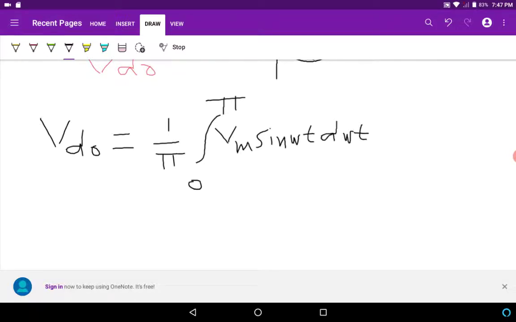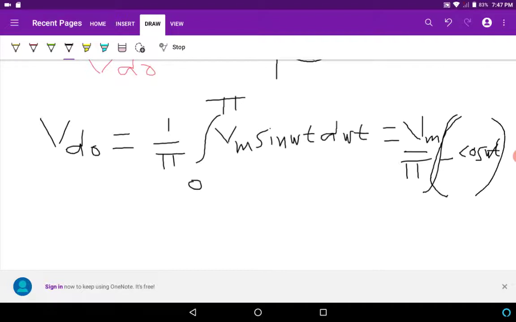This can be easily calculated. It will be 1 upon pi, and if you take Vm outside, the integral of sin omega t is minus cos omega t. So I can write this as Vm by pi times the bracket of minus cos omega t, with limits from 0 to pi.